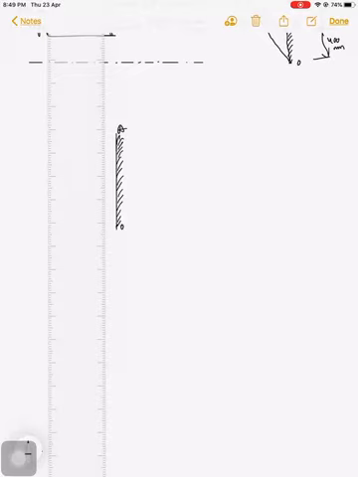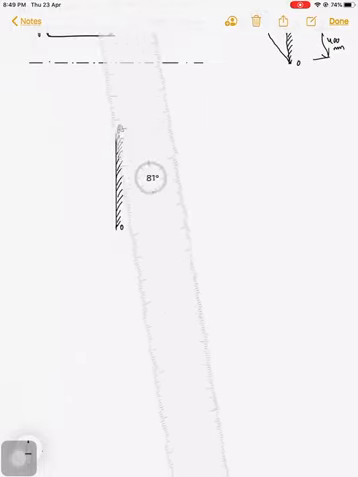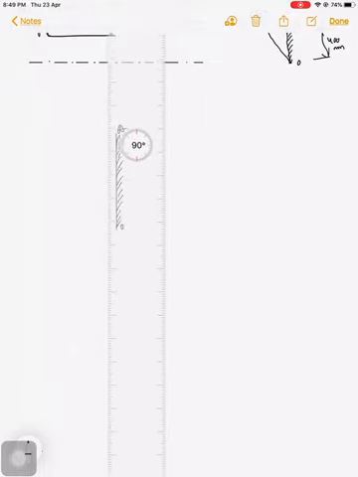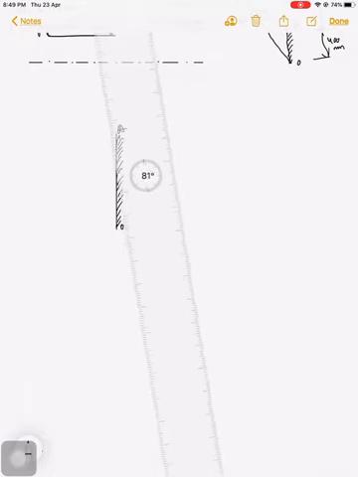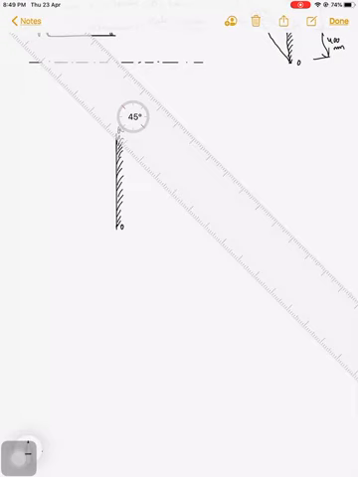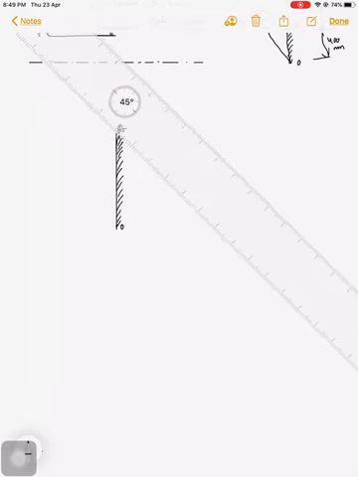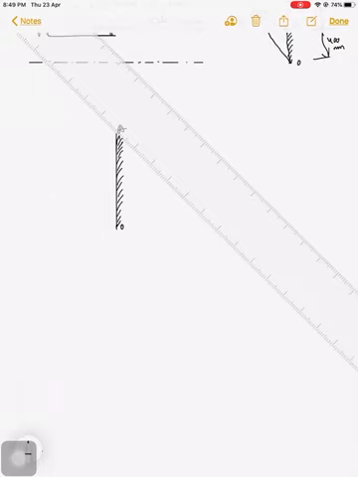So we know the link OA is 45 degree to this straight line, and it is equal to the length AB.